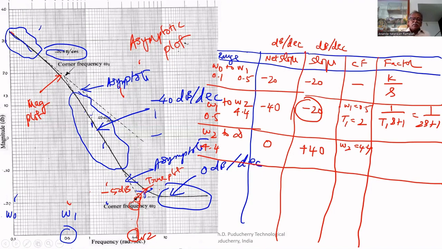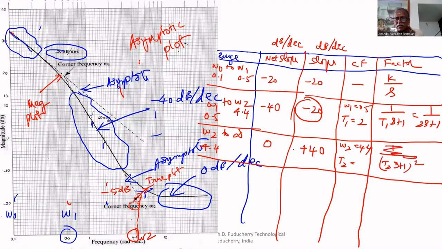Damped part, the zeta value is not there. That's why it is repeated. That's why we can write 1 by T2 square, 1 by (T2 s plus 1) whole square.